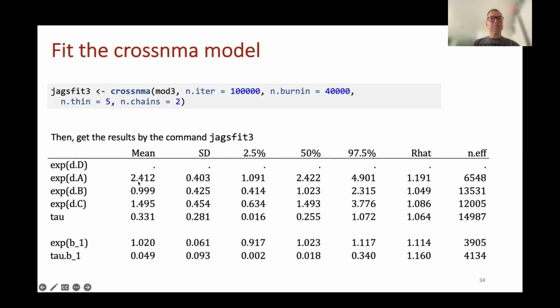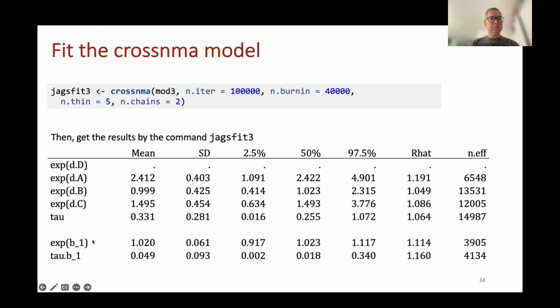And the mean here is basically the odds ratio comparing treatment D with treatment A. So we see that there are many more relapses with D compared to A. Then the standard deviation for the log odds ratio, as well as the credibility limits, the median value for the comparison D versus A, and also for the other bits, tau, the standard deviation on the log odds ratio scale.